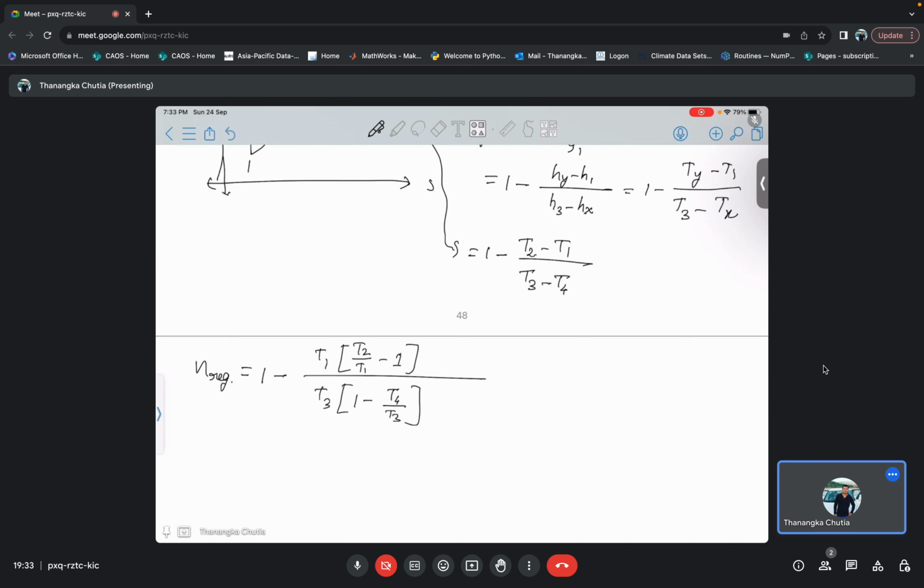Now T2 by T1 is equal to (P2 by P1) to the power (gamma minus 1) divided by gamma, and T4 by T3 is equal to (P4 by P3) to the power (gamma minus 1) divided by gamma.